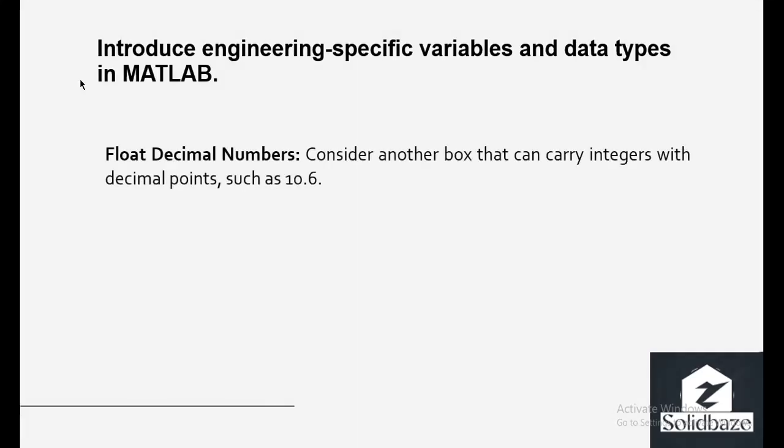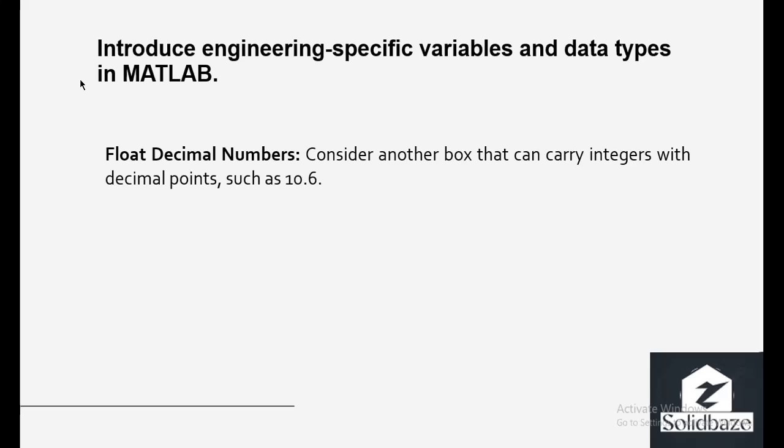Then we have the float or decimal number. So consider another box that can carry numbers with decimal points such as 10.6, 11.2, 13.3, 150.5678, like that.